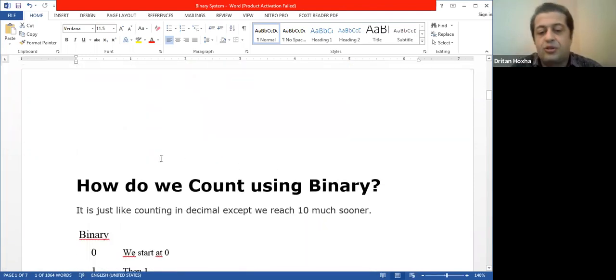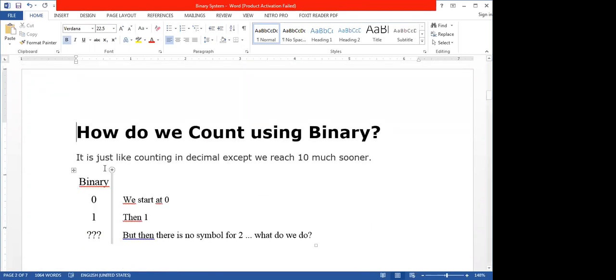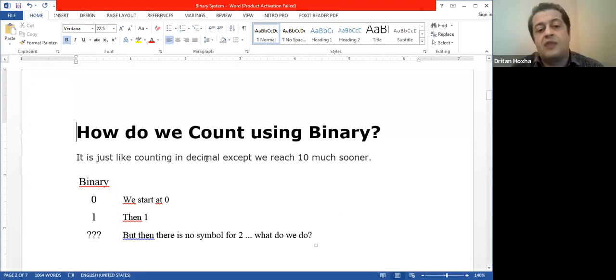Let's start to explain how we count using the binary system. It is just like counting in decimal, except we reach 10 much sooner. In the binary system, when we reach 2, we express the number in 2 digits, not in a single digit.